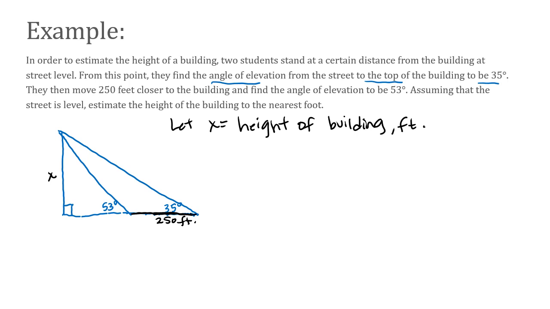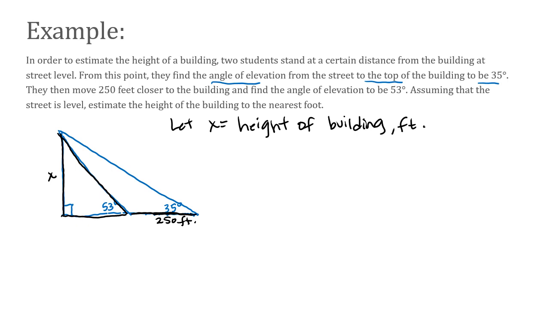Let me start with this smaller, I see a smaller right triangle. I actually have two right triangles, don't I? So I've got the smaller right triangle that has that 53-degree angle. And because that's in a right triangle, I know that I've got 90 degrees for the right angle. I've got 53 degrees.